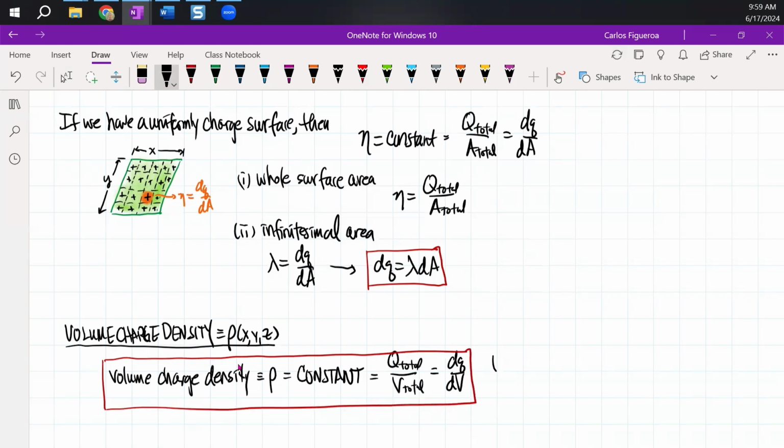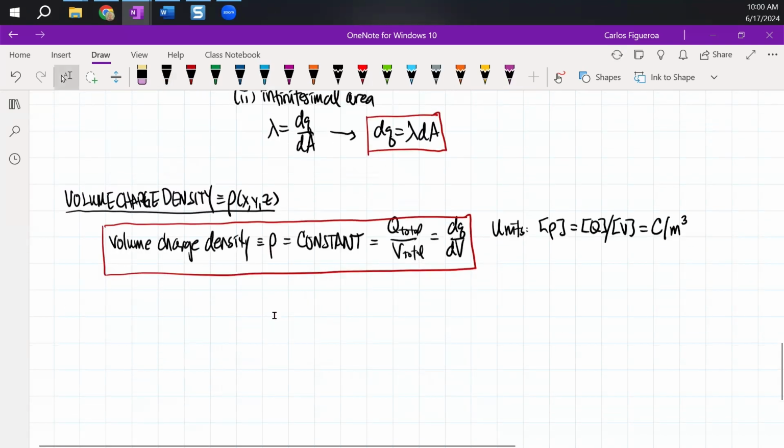Again, if I look at my units, a unit of rho is equal to a unit of charge over a unit of volume, which will then be coulombs per meter cubed. Picture-wise, we would draw a cube, for example, to make it easier.